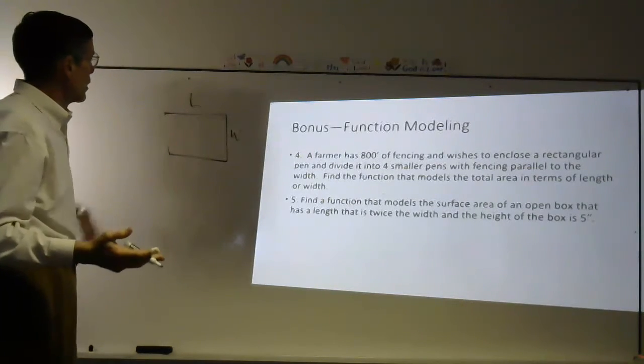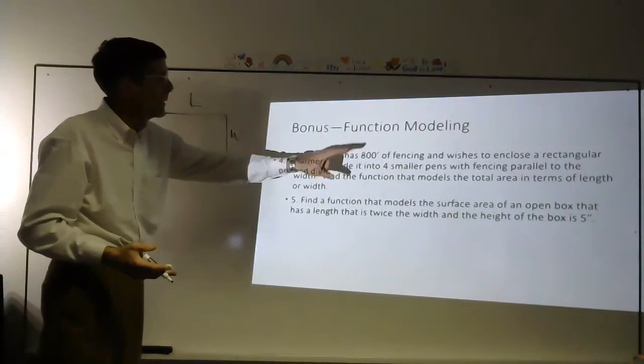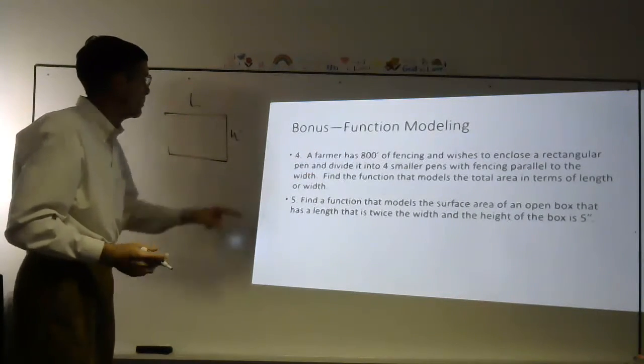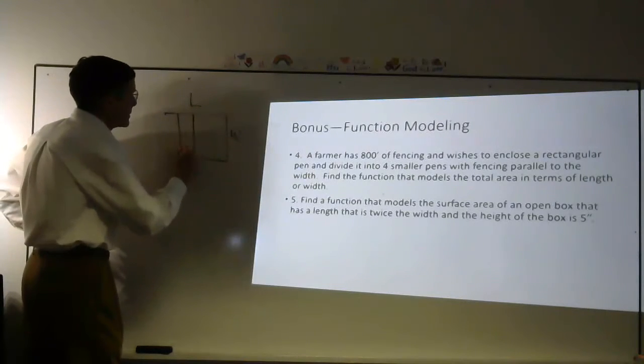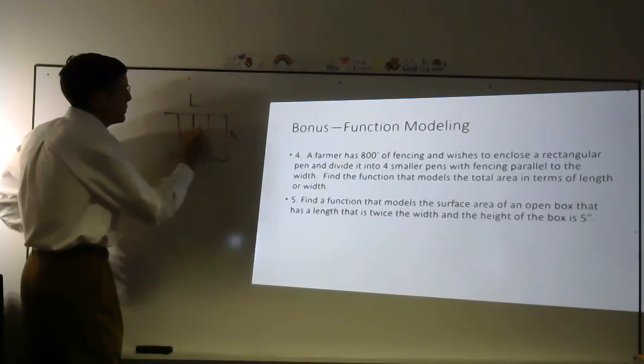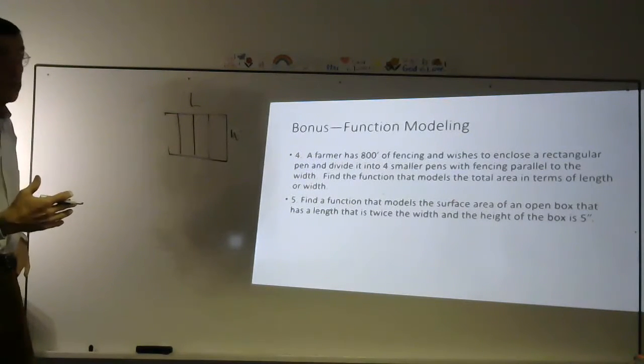He wishes to enclose it with fencing and divide it into 4 smaller pens with fencing parallel to the width. 4 smaller pens. 1, 2, 3, 4. Yep. Okay. Find a function that models the total area in terms of the length or the width.